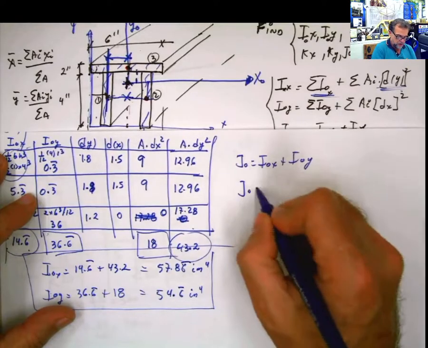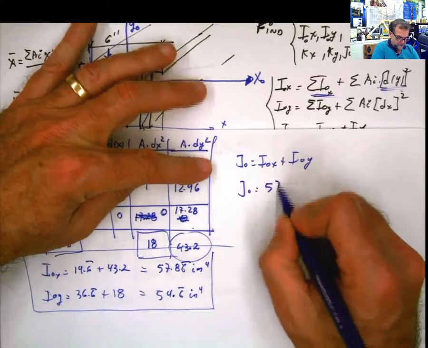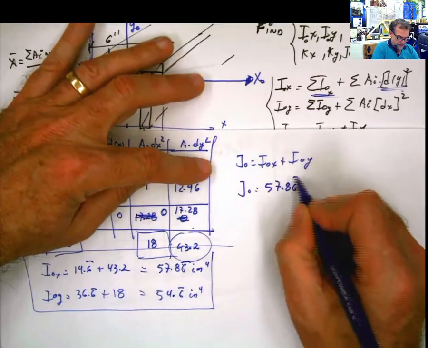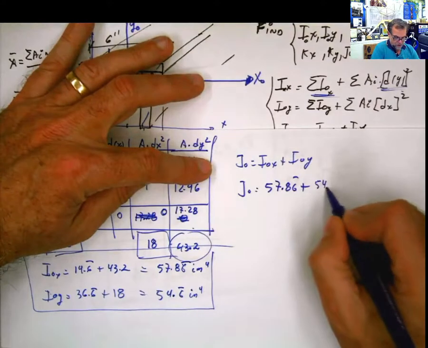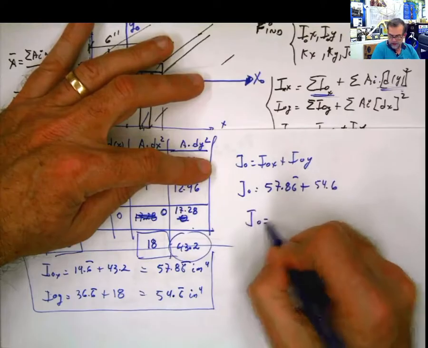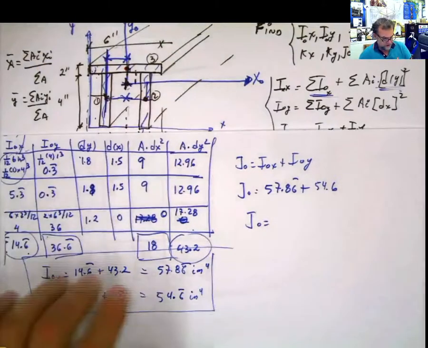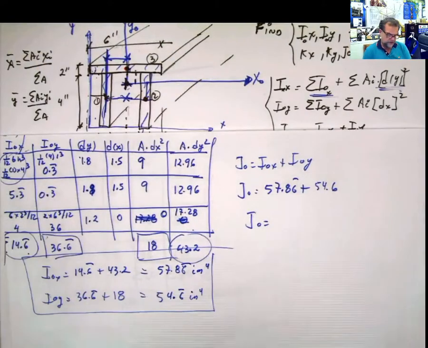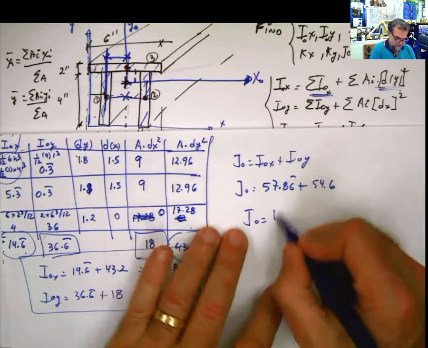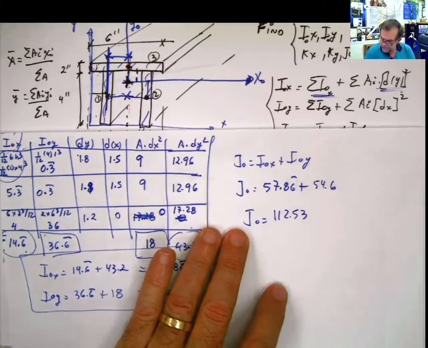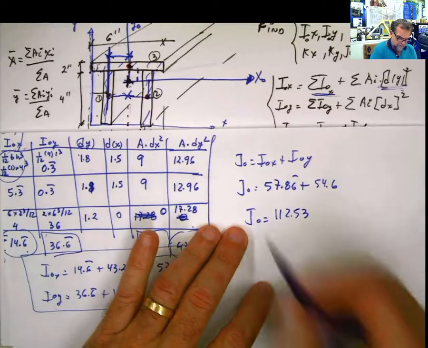So J sub 0 is going to be 57.86 plus 54.6, and J sub 0 is 112.53 inches to the fourth.